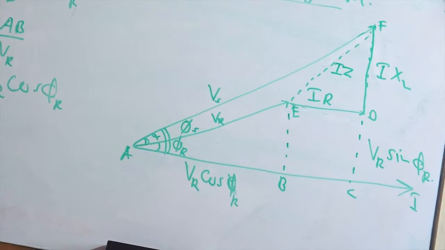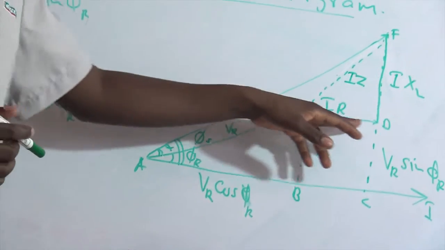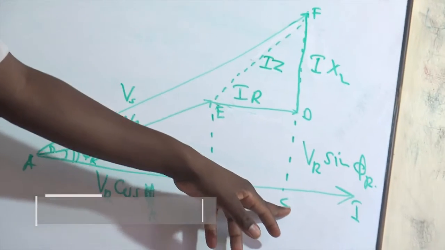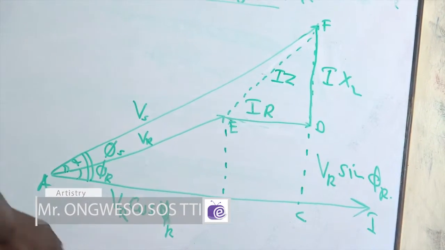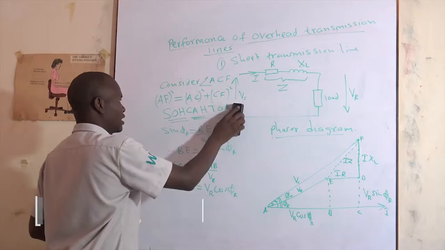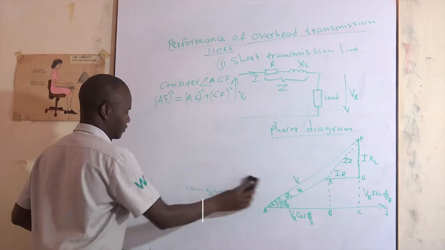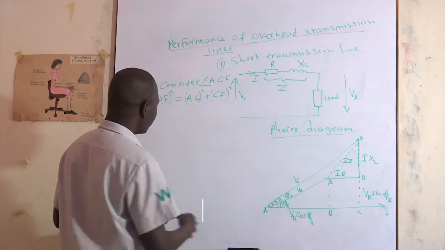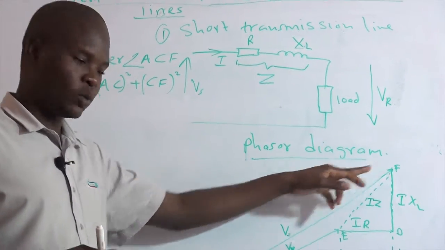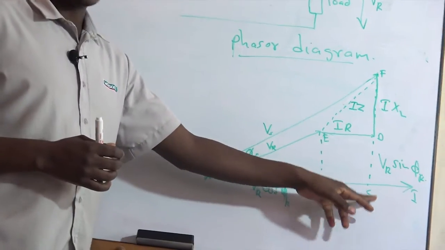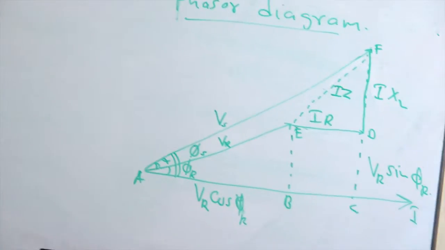After getting the magnitude of AB and CD, which is equivalent to BE, we can now proceed with our formula because ED is equivalent to BC, and therefore it is IR. So let us proceed from here. AF squared is equivalent to AC squared plus CF squared.